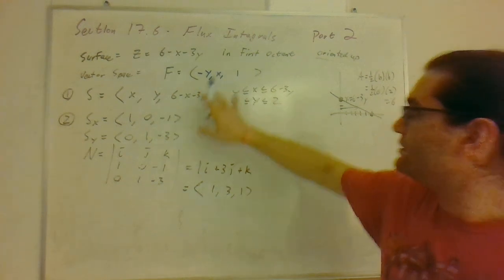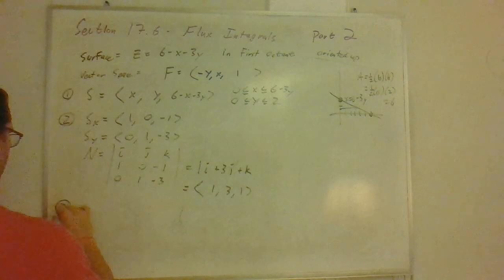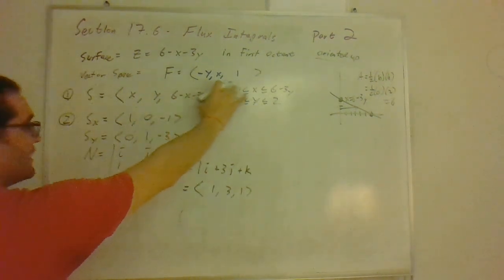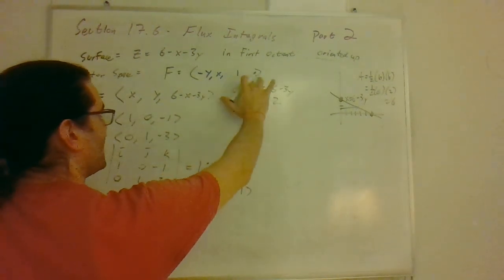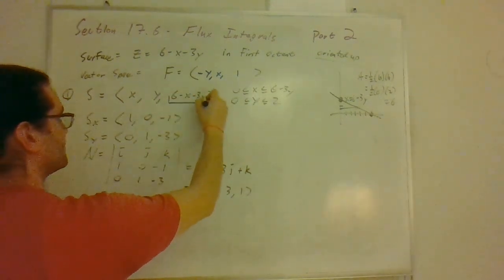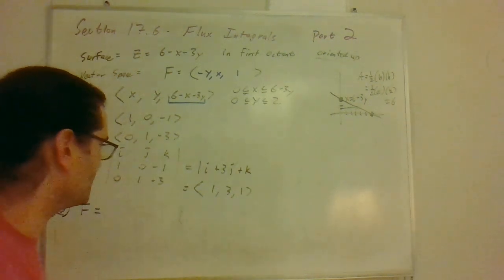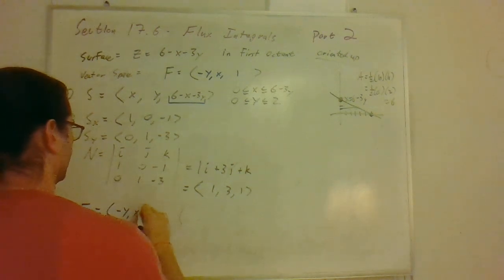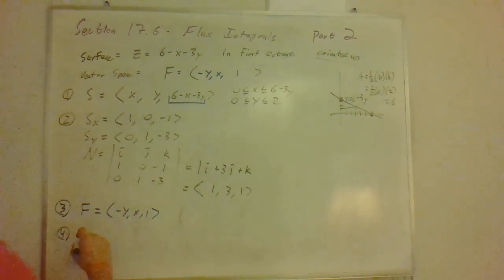So we need to start over again with step 3, where we're expressing F in terms of x and y. F is already in terms of x and y. If there was a z in here somewhere, we would need to replace that z with this function here. But we don't have the z's in there, so we're all set. F is not going to change. It's just -y, x, 1. But now I need a dot product.